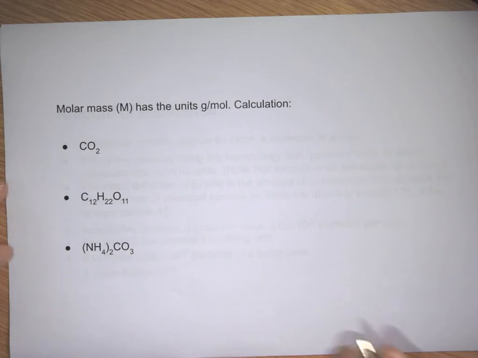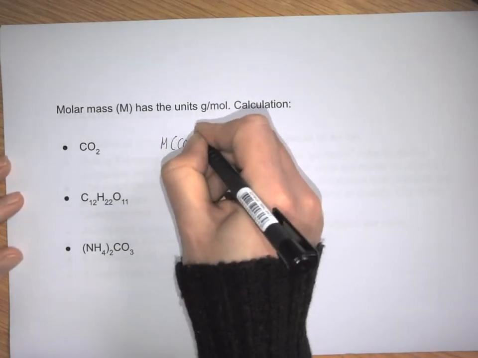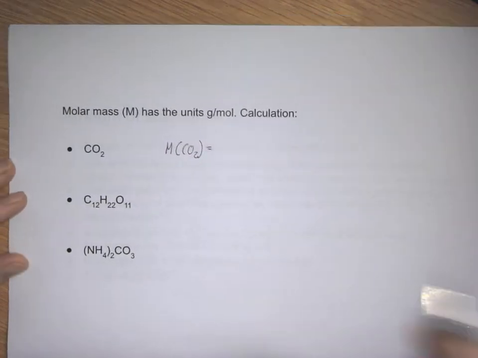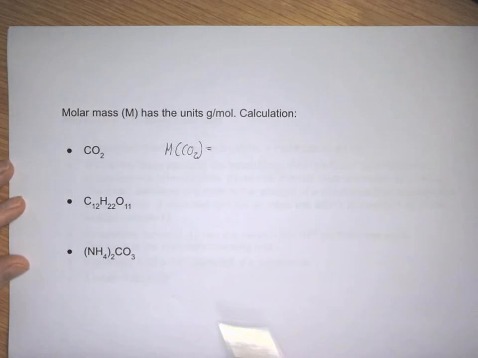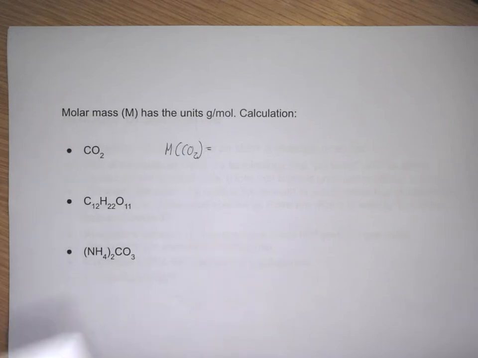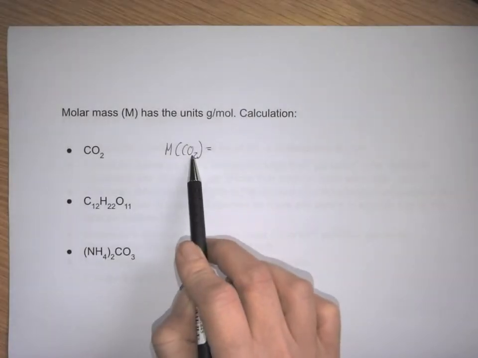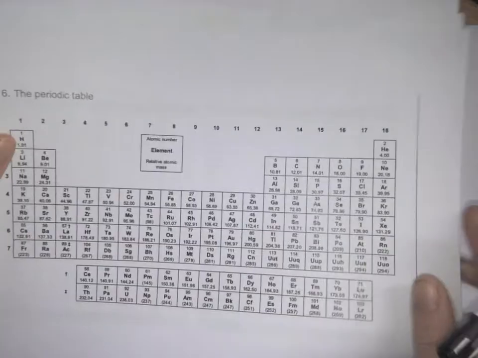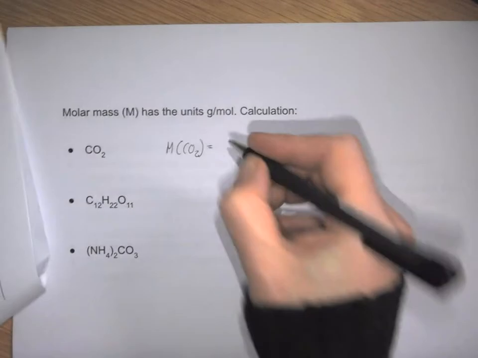For the molar mass for carbon dioxide, you try to write it like this. The big M says the molar mass, and then we have the compound in a parenthesis. Then what you do is that you go to section number 6 and you find the molar mass for each atom. In this case we have 1 carbon and 2 oxygen. Carbon has the molar mass of 12.01, so you write this here.